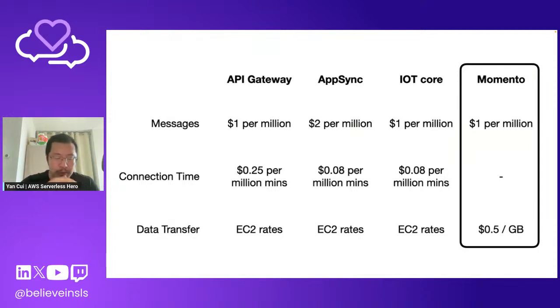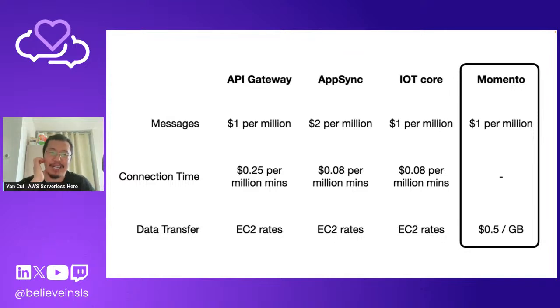API Gateway, AppSync, and IoT Core also charge you for data transfer, except the data transfer rates are just the standard EC2 rates, which is a way for them to say, well, it's kind of complicated what you actually pay for EC2 transfer rates. We probably don't really know for sure, so you go check it out yourself.